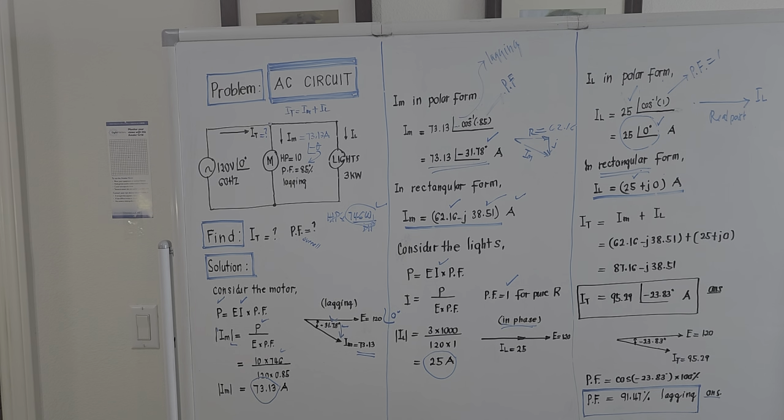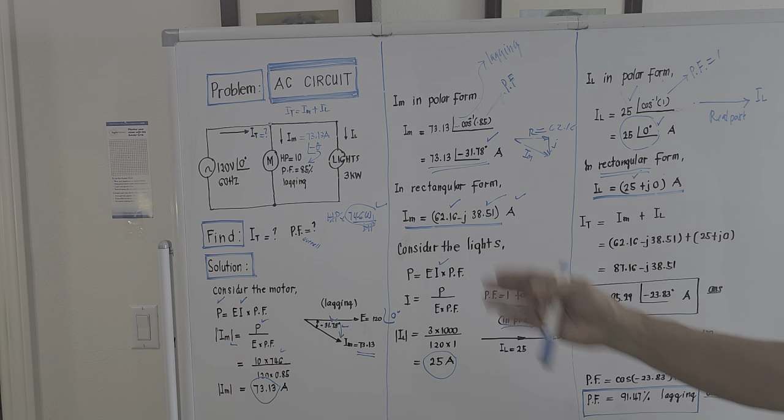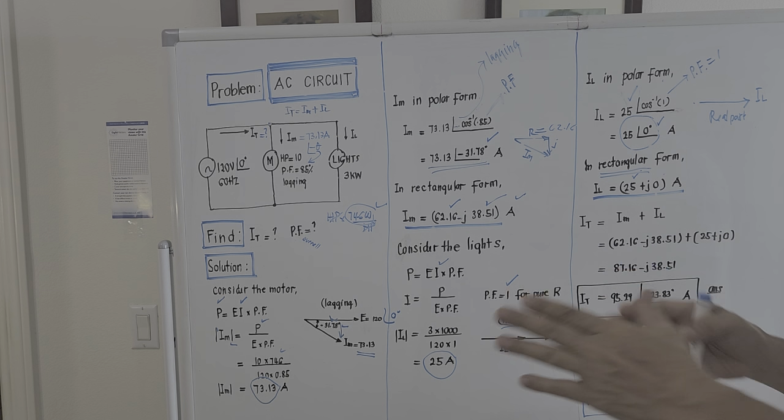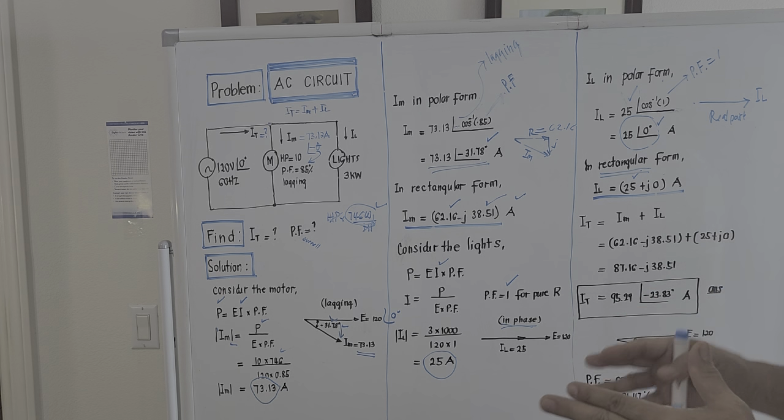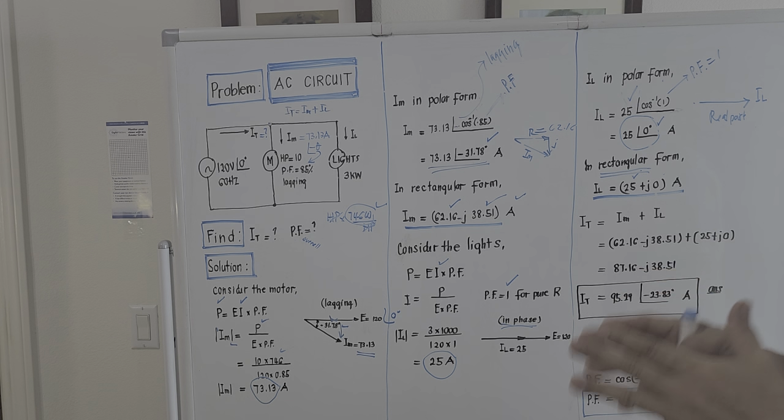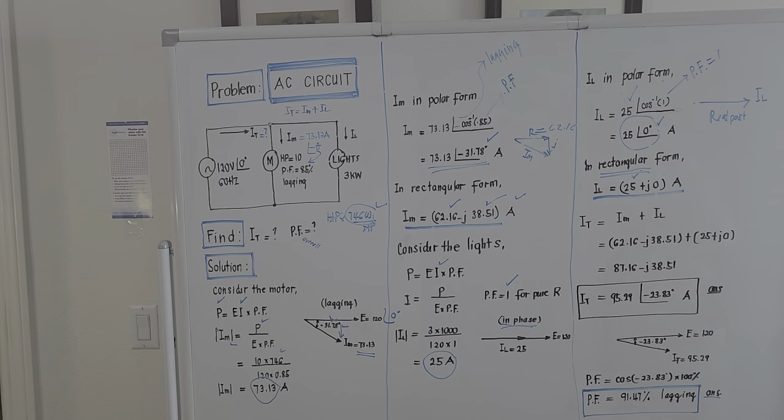That's very critical, because if you cannot convert polar to rectangular, you will have a problem when you try to add. This falls under the study of AC circuits, changing from polar to rectangular, or rectangular to polar. It depends: if you are adding, we should be adding in rectangular form.